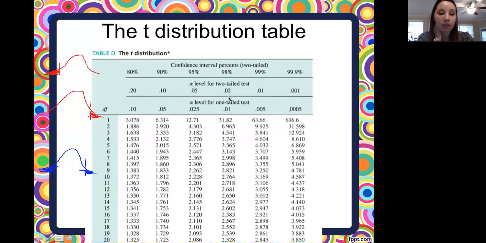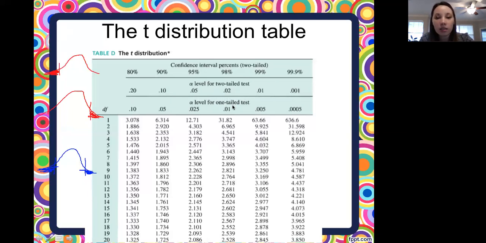We also have an alpha level. That's this thing here, alpha level. And that determines how big of a shaded space on the distribution that you want. Say you have an alpha level of 0.05, that's the most common one that we'll be using. That means that we are interested in the 5% extremes, or the ends of the distribution.